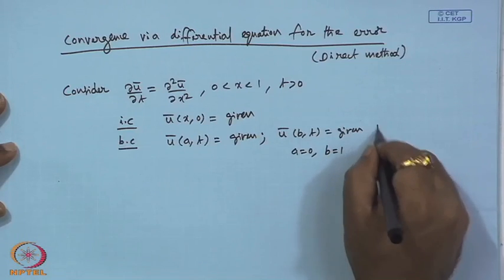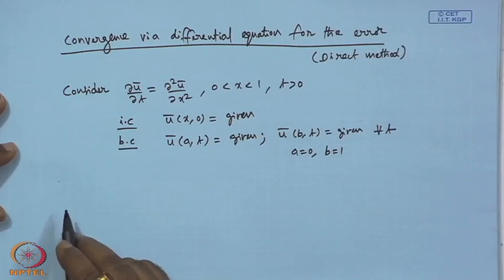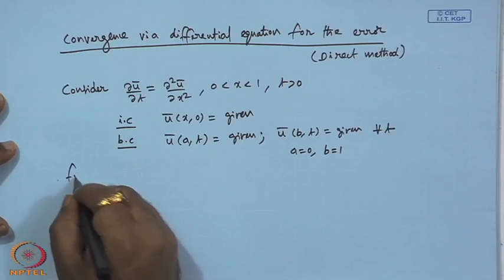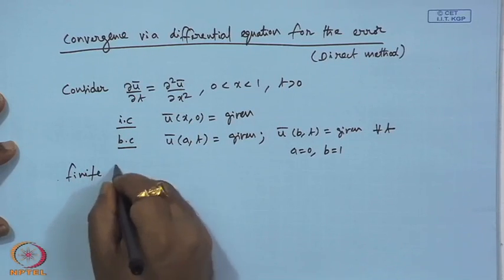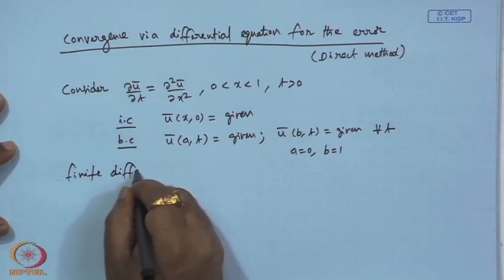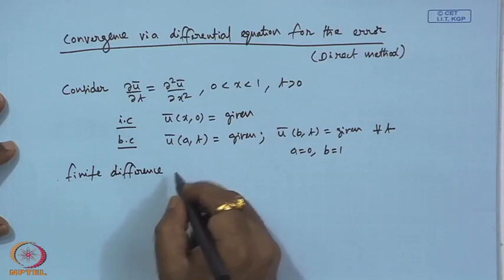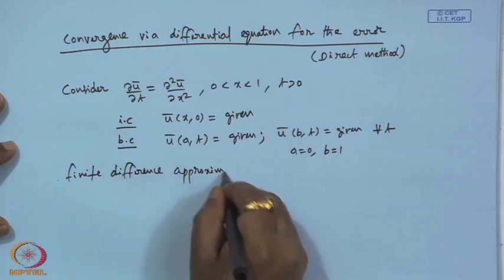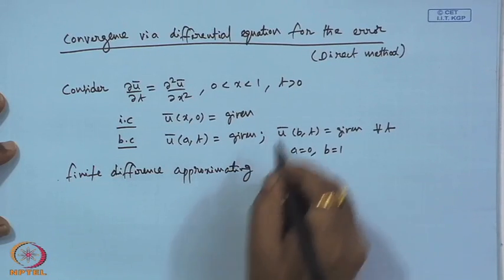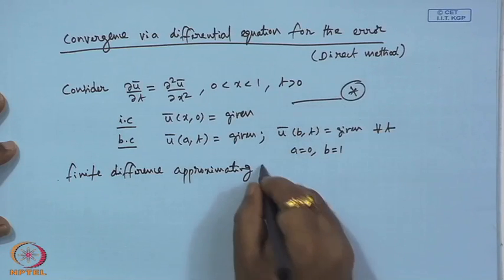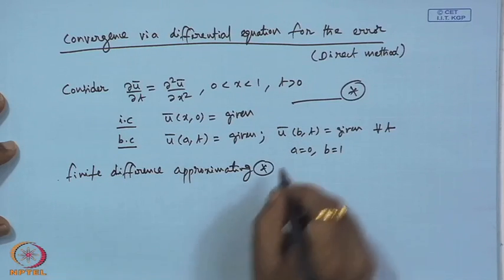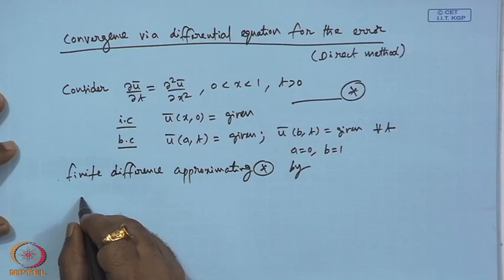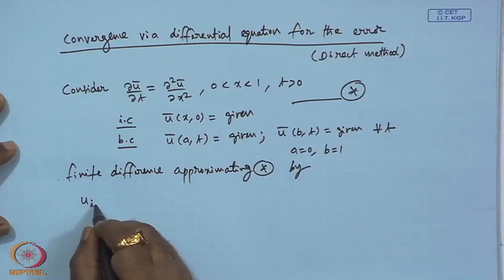Okay. So, this is for all t. So, now consider finite difference approximating star by u i.